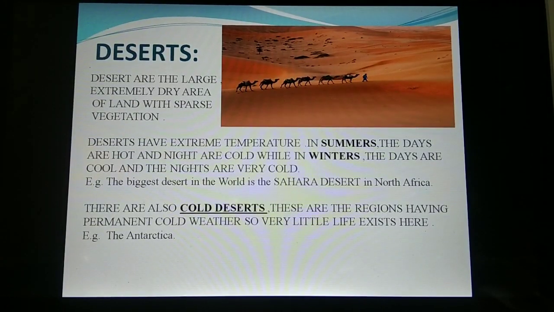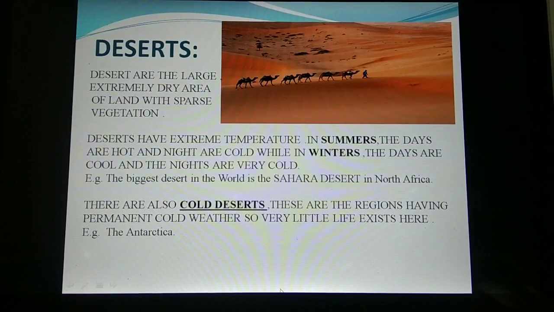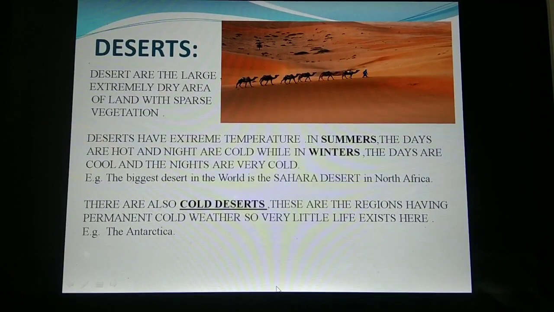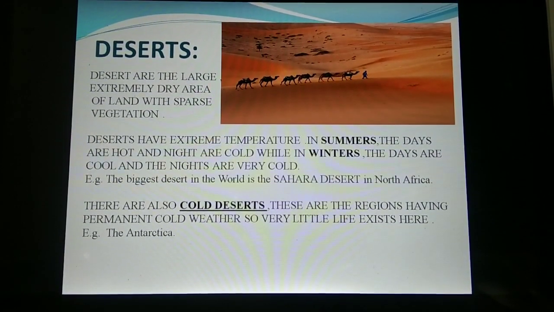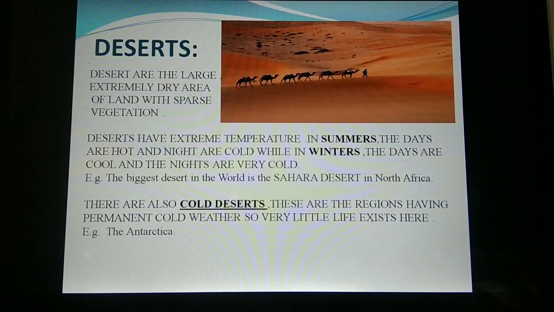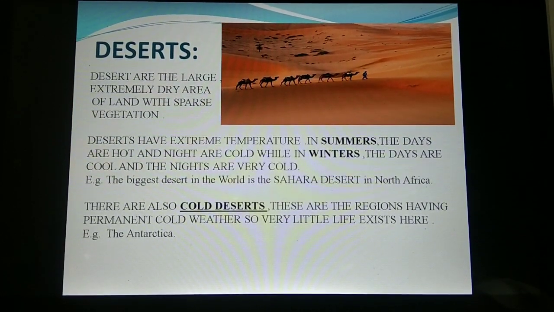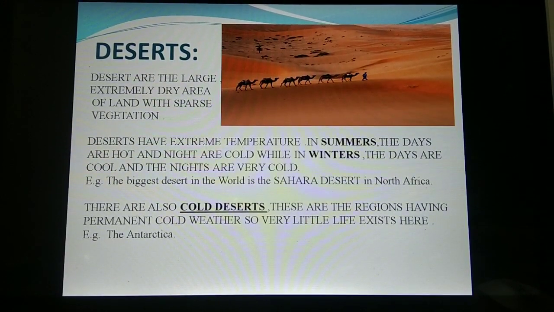Deserts. Deserts are large, extremely dry areas of land with sparse vegetation, a very small amount of vegetation. Deserts have extreme temperatures. In summers, the days are hot and the nights are cold, while in winters, the days are cool and the nights are very cold.